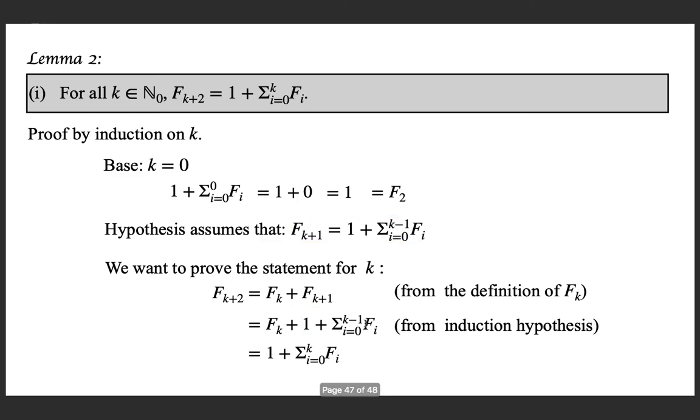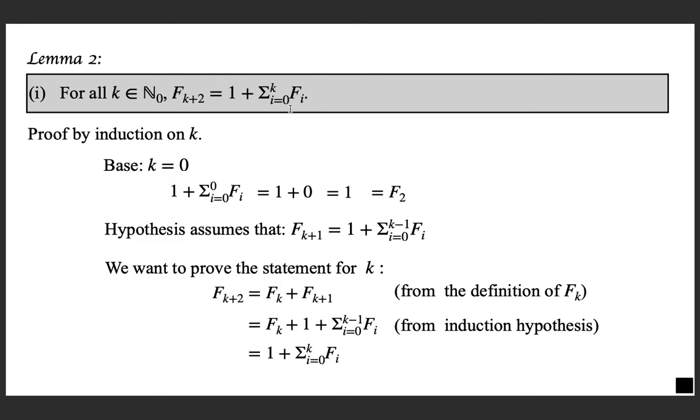Now, if you take this f_k inside, you can write it as 1 plus the summation i equal to 0 to k of f_i. So you are taking this f_k also inside, and this is exactly what we wanted to prove. f at k plus 2 is nothing but 1 plus the summation i equal to 0 to k of f_i. So that is the lemma.